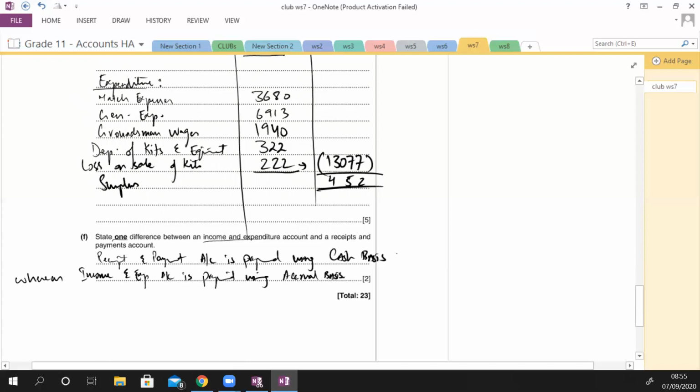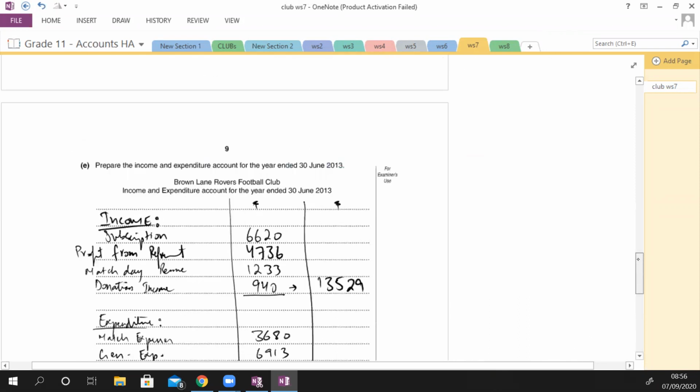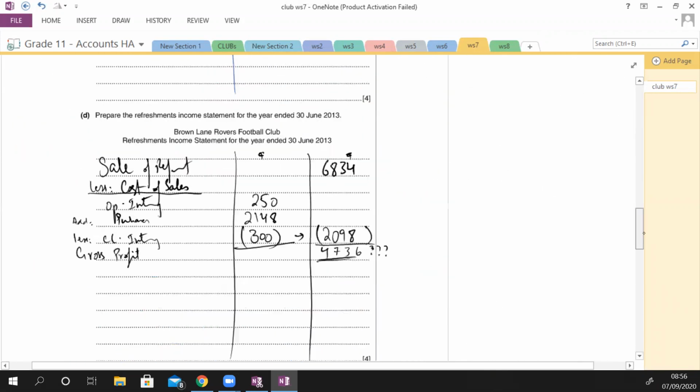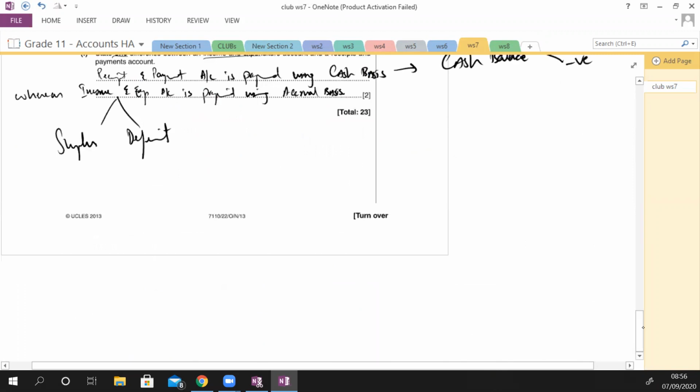You can also say the receipt and payment account shows you a cash balance, which can be positive or negative, whereas income and expenditure shows you a surplus or deficit. So this was it with worksheet 7. We did worksheet 7, so that's it with the question.